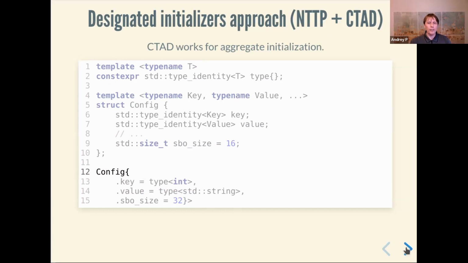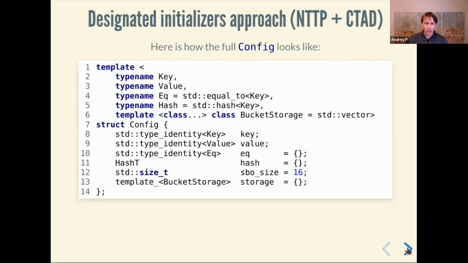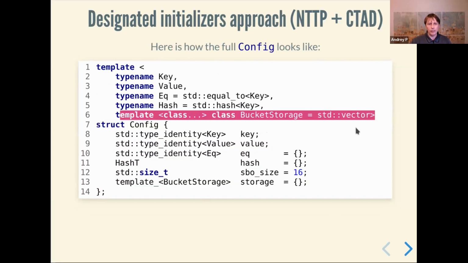So once we put everything together, our config would look like this. So we have a number of type identity values here, some of them default initialized, and the defaults are specified in the template head. We can pass template parameters as well in this manner.